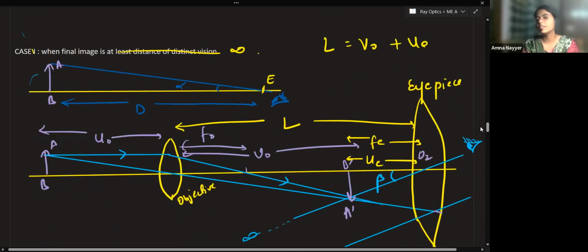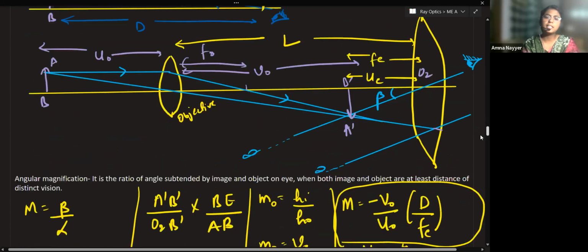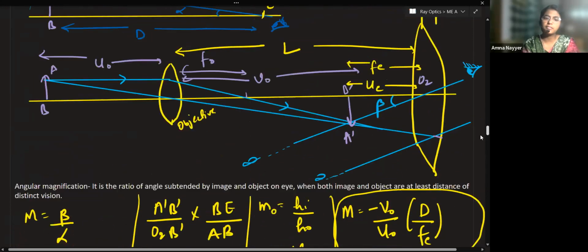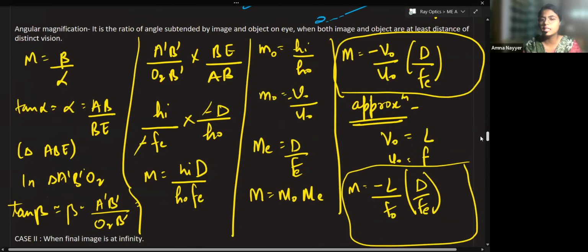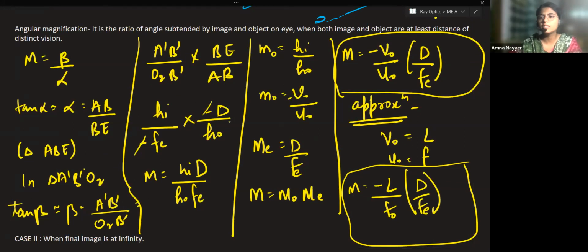Alpha's definition remains the same, beta's definition remains the same. It's just that the magnification formulas become a little different. You have this component minus v naught by u naught getting multiplied. Minus v naught by u naught times d by f e plus 1 gives you the magnification when the image is formed at the least distance of distinct vision. I'll write this.